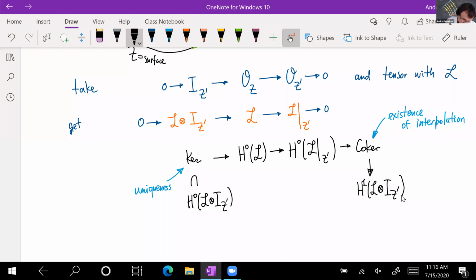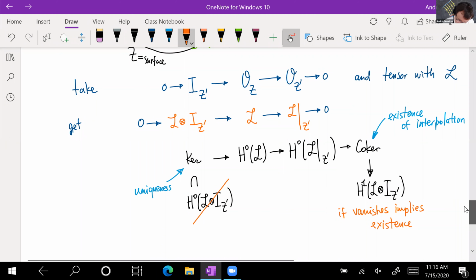So if we want uniqueness, we would like this to vanish, because this uniqueness means this has to vanish, and if this vanishes, it implies existence. So that's the general treatment.